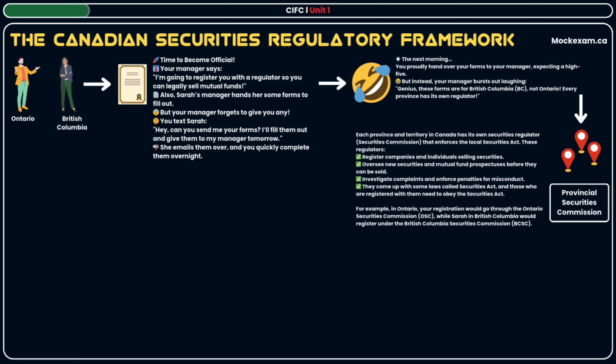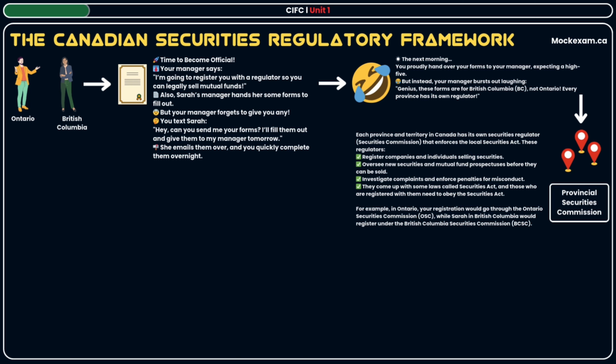And firms and individuals like you, if you want to sell mutual funds, need to be registered with the Provincial Securities Commission and obey that Securities Act. So whenever in the textbook you see the term Securities Act, remember that it is for the Provincial Securities Commission.